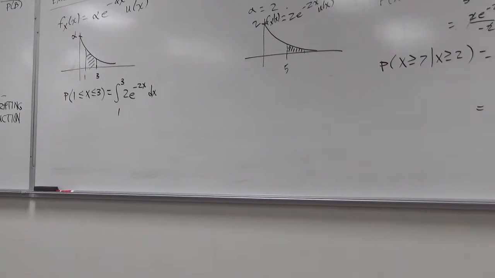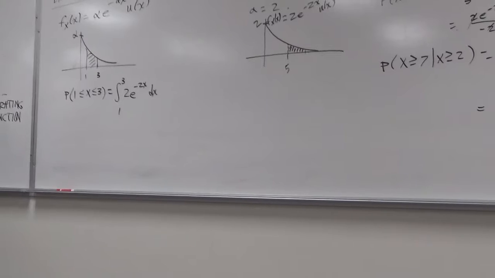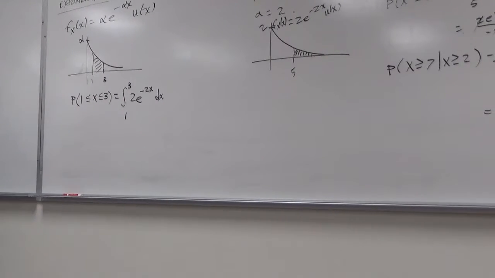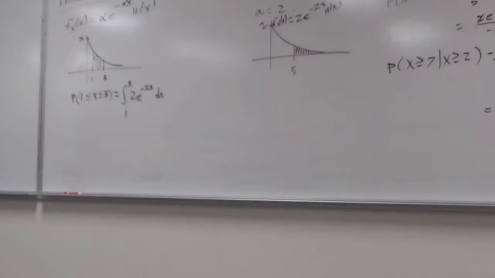Okay? So, now, let's talk about moments. That's enough on just pure random variables. And the reason we talk about moments is moments of random variables. A density function is a complete and total description of a random variable.